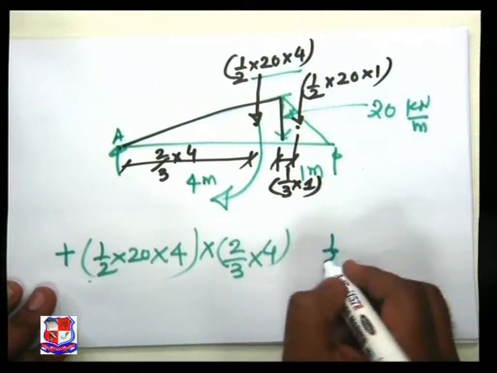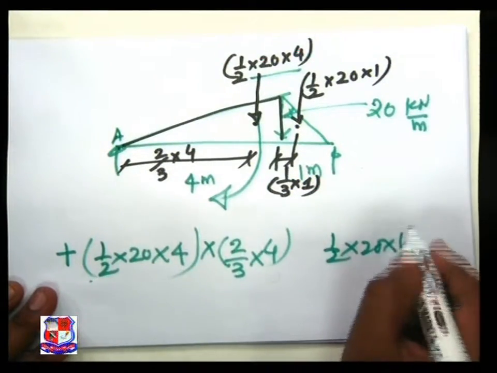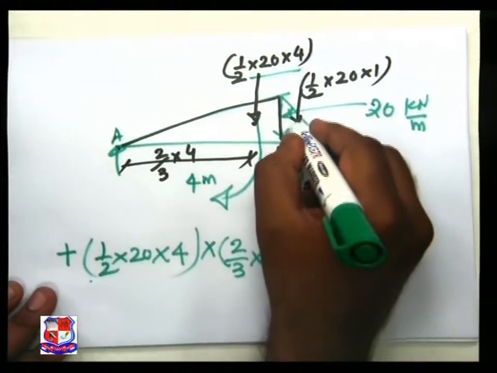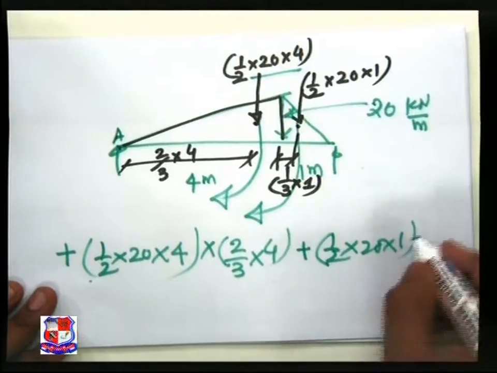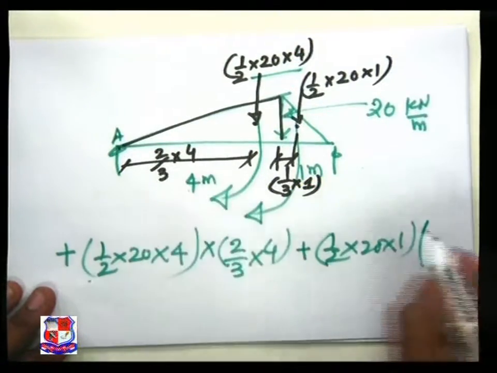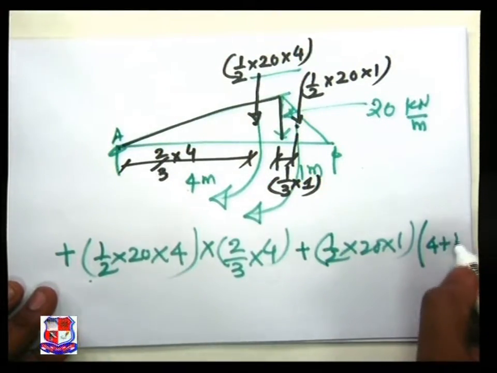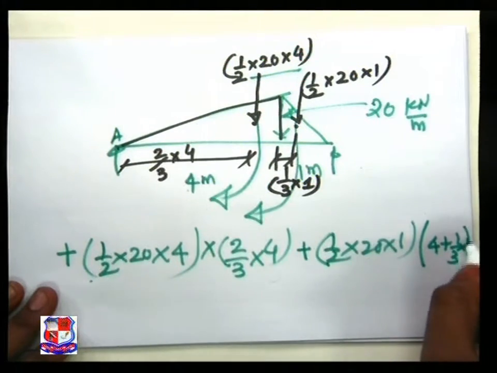Next, half into 20 into 1 creates a clockwise moment, hence plus sign, and the distance is 4 plus 1/3 into 1.